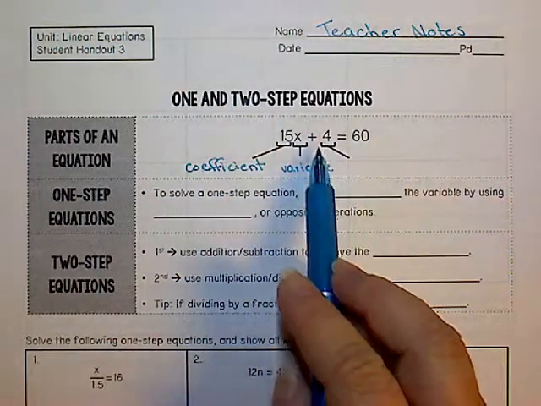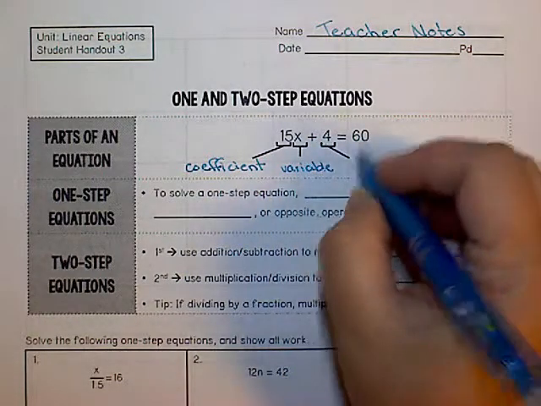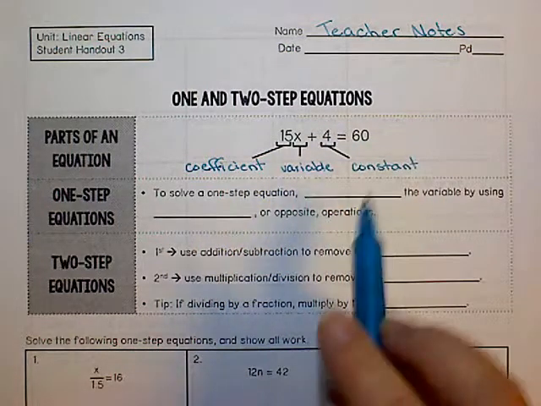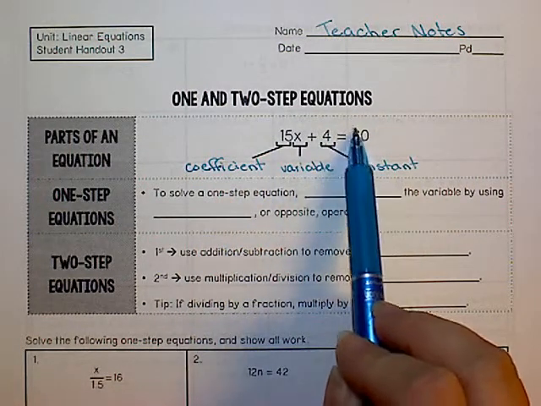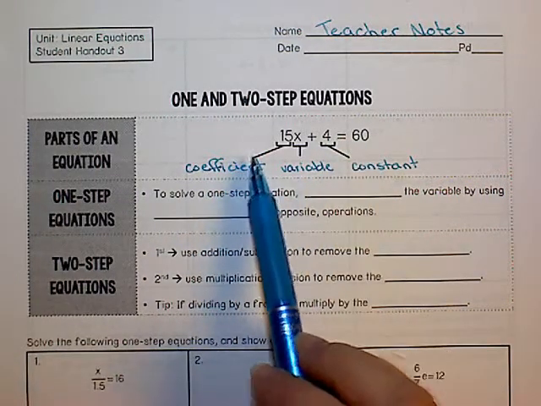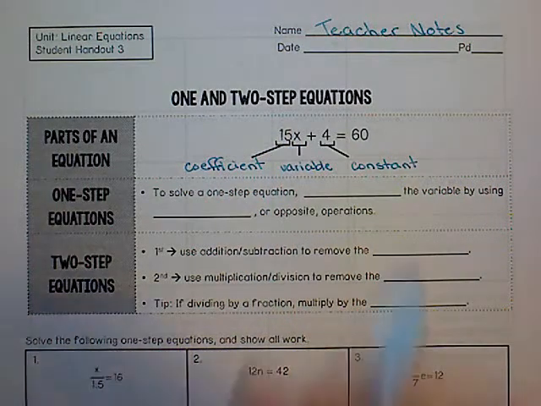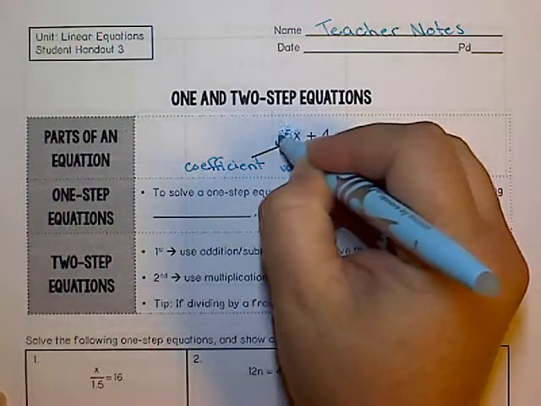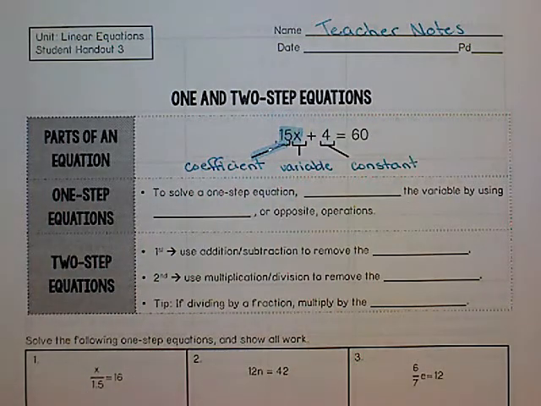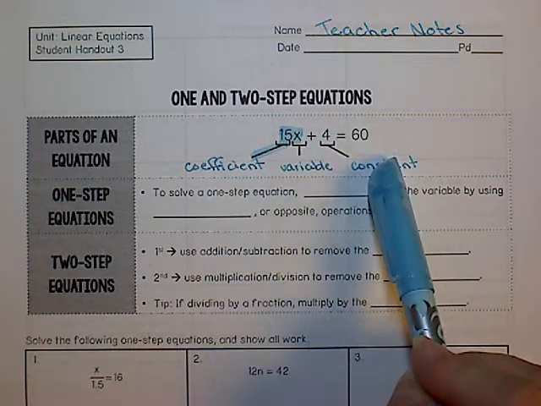And then this standalone creature that is a number is your constant. So then you have your equals, and then you have your total amount. But the main thing I need you to learn is those words. This is a coefficient. So this whole thing is the coefficient. The variable is just the letter, and any number that stands by itself is a constant.